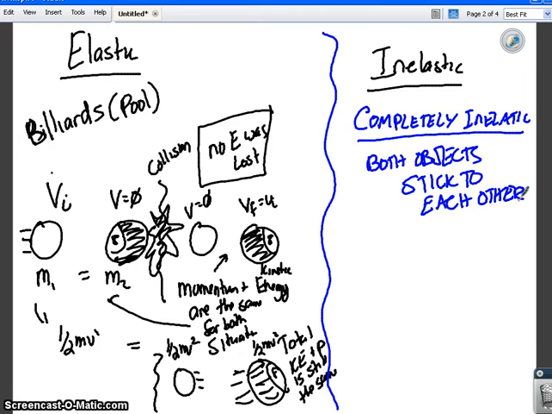So a very common example of this would be a bullet hitting a block of wood. They collide, and afterwards the block of wood and the bullet are stuck together. Okay? They are stuck together.